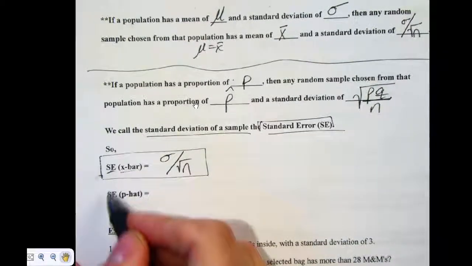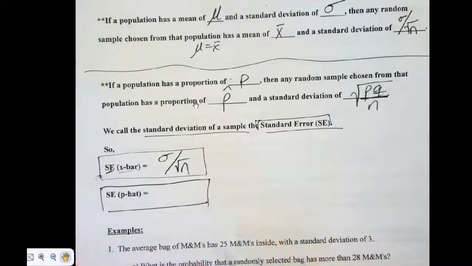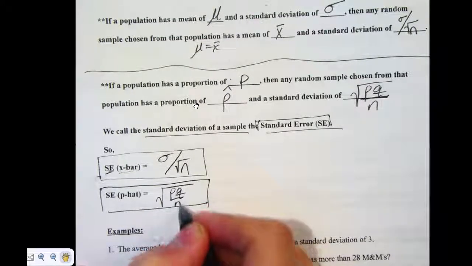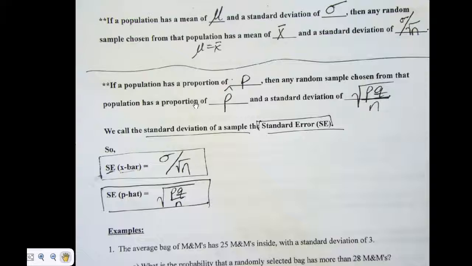This chart doesn't work. What's the standard error of p hat then? Standard deviation of what? So this is the square root of PQ over N. Does this chart make sense, what I'm trying to give you here? Yeah. So for means, if you have a sample mean, that's the mean, that's standard deviation. If you have a sample proportion, mean standard deviation.